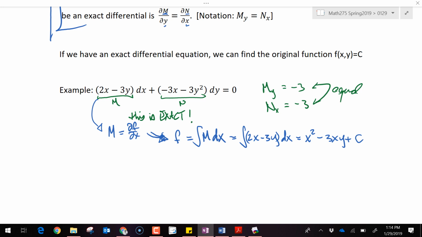Oh, we said we integrate treating y as if it was a constant, right? So this c might have a y in it. I think they call it h and g or something.